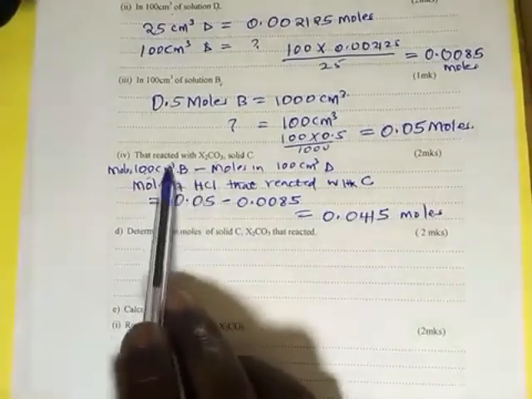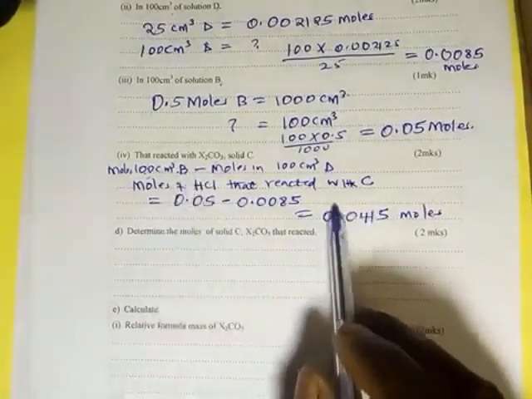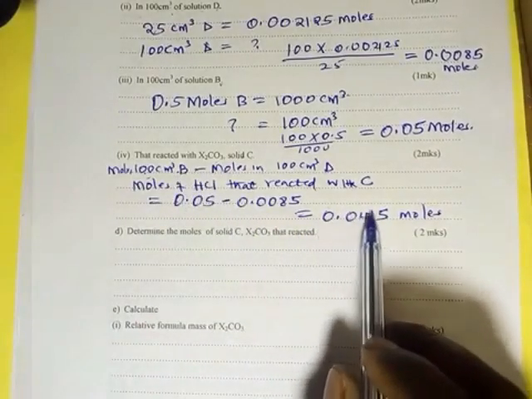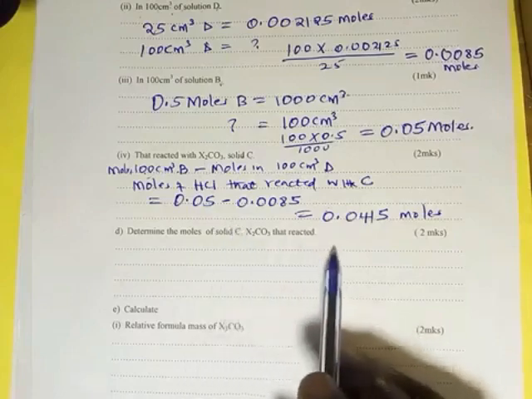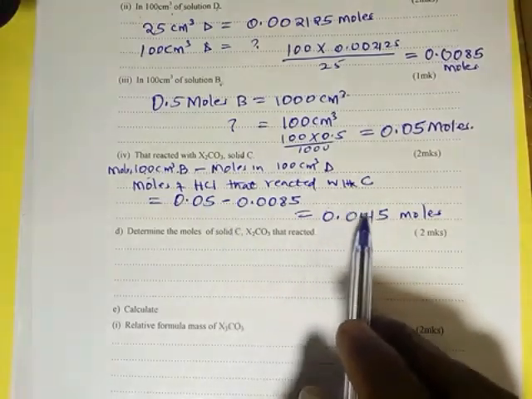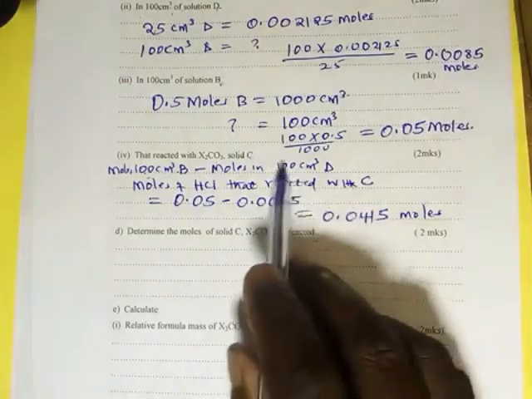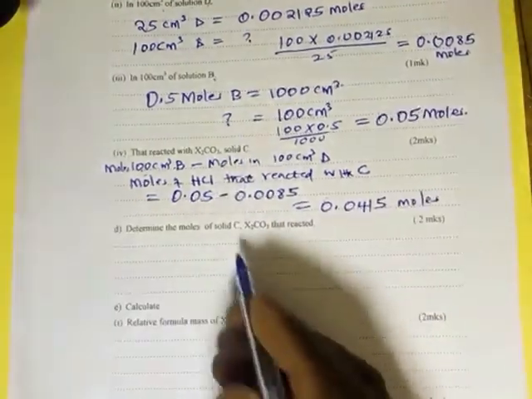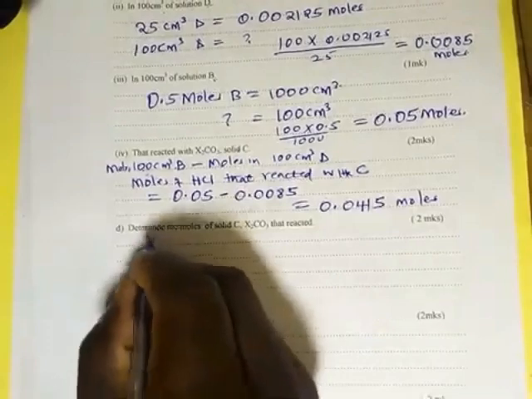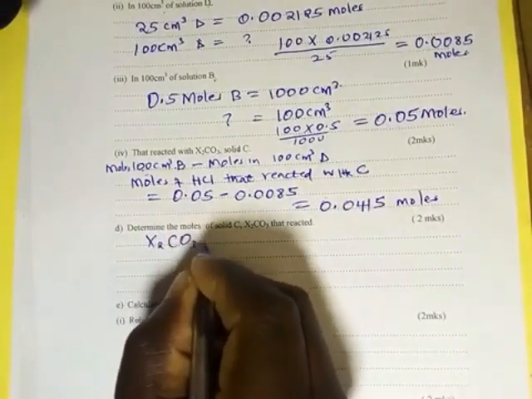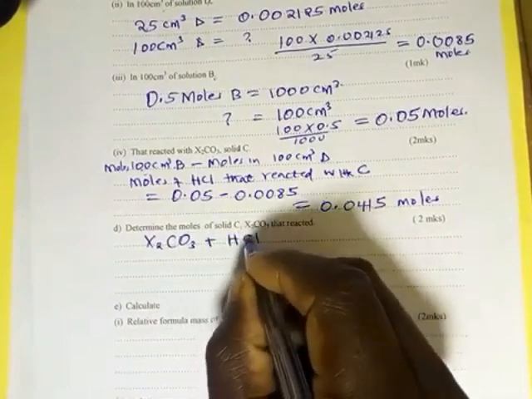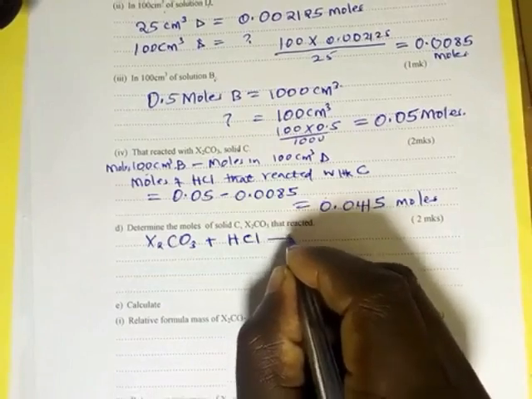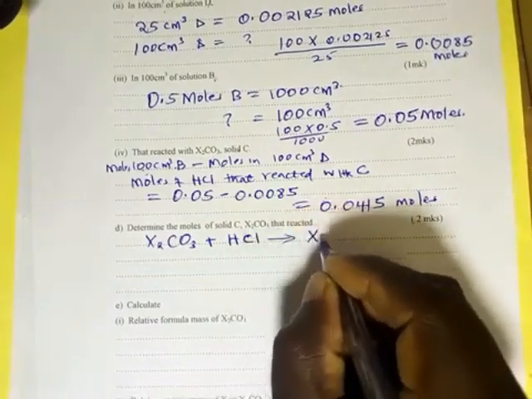Now we have the number of moles of HCl. This is the number of HCl that reacted with C, with the carbonate. But now we can get the number of moles of the carbonate from the relationship between the carbonate and HCl. Now we can write X2 carbonate reacts with HCl, solution B, to give us X chloride.